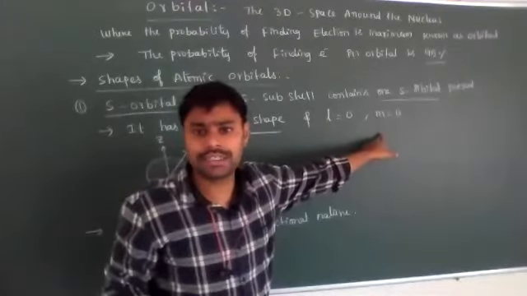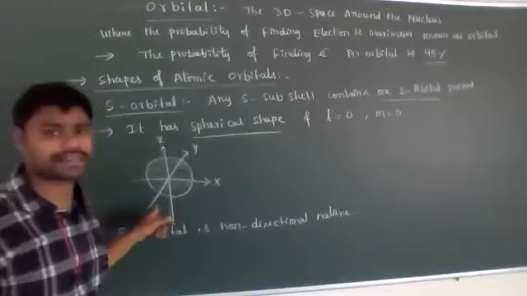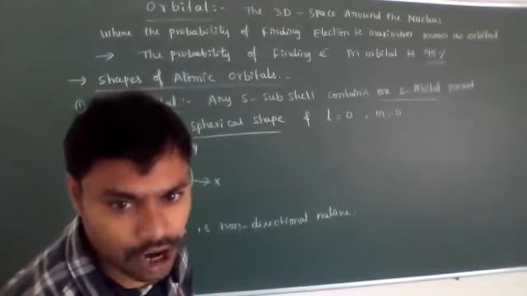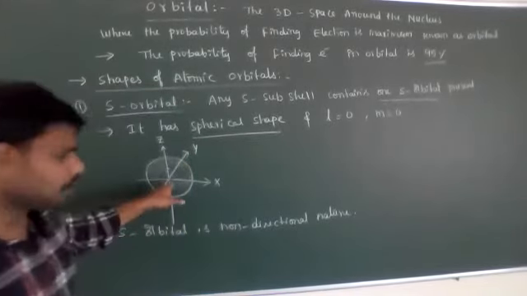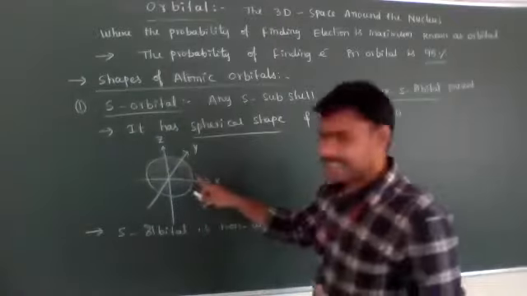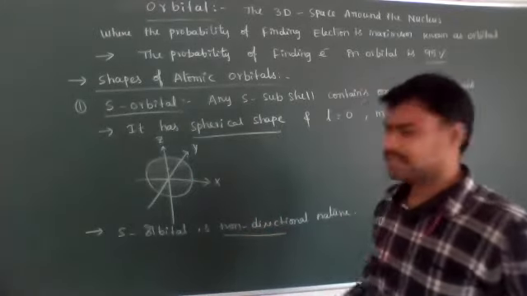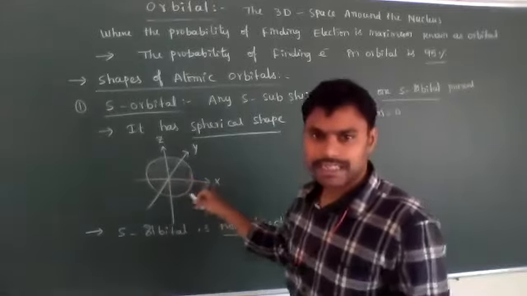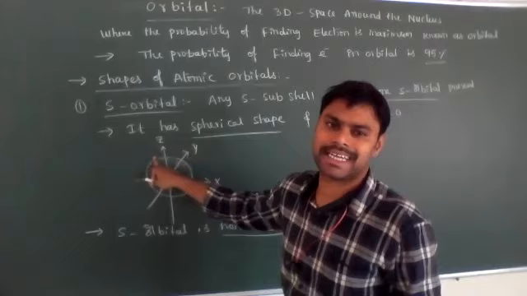So this is the spherical shape of s orbital, and s orbital has non-directional nature. Non-directional means there is no exact direction for the lobes. This orbital does not belong to the x direction, the y direction, or the z direction.